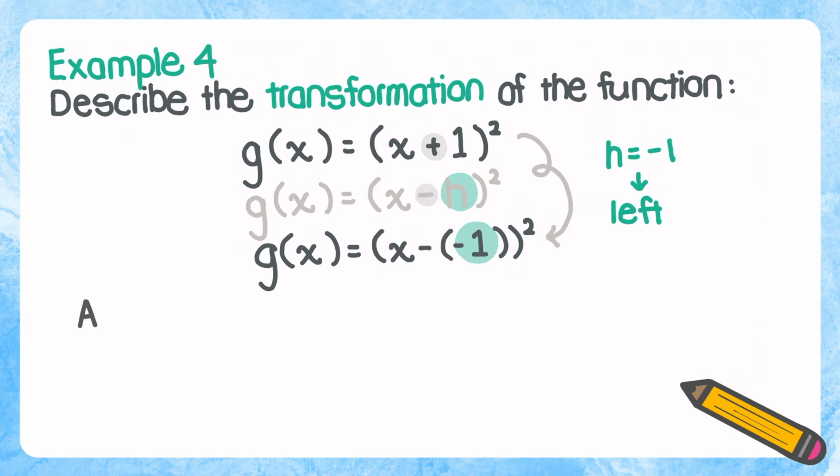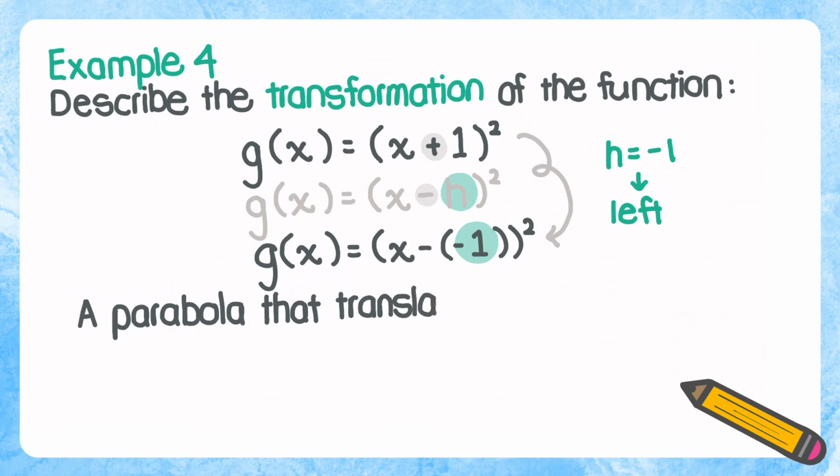So again, we need to provide a description. So we have a parabola that translates one unit to the left because h equals negative 1.